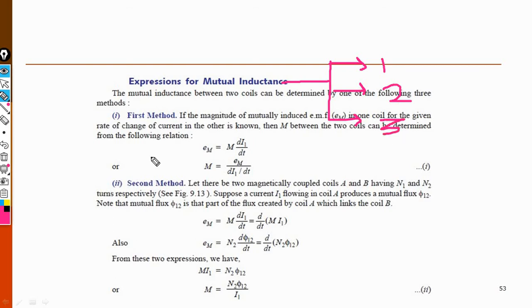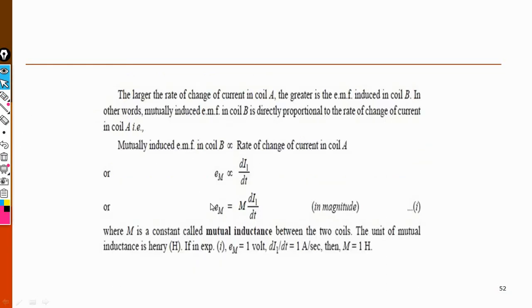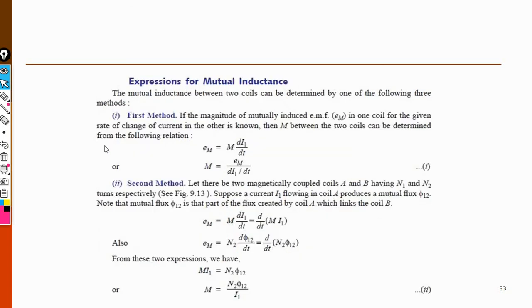This is the first formula of the mutual induced EMF: EM is equal to M into dI1 by dt. I have already explained this formula.